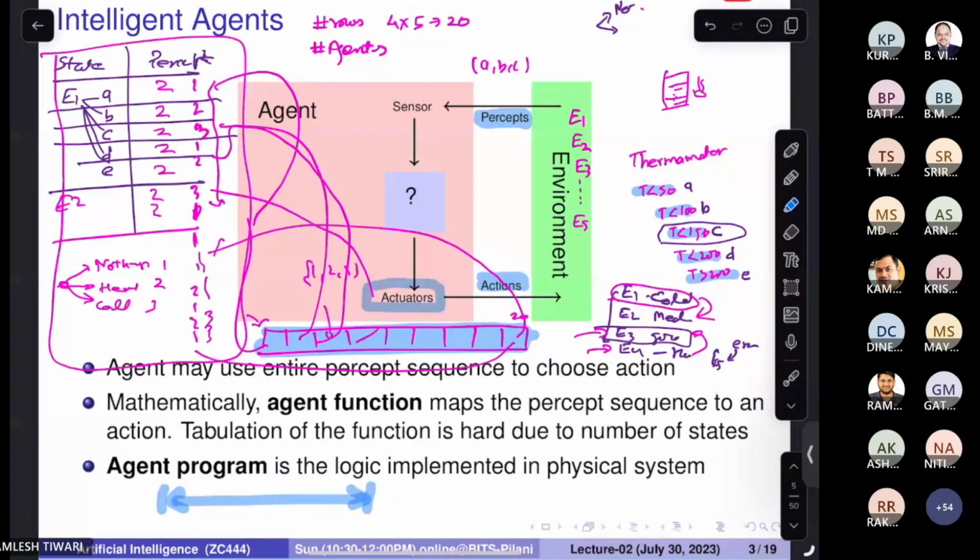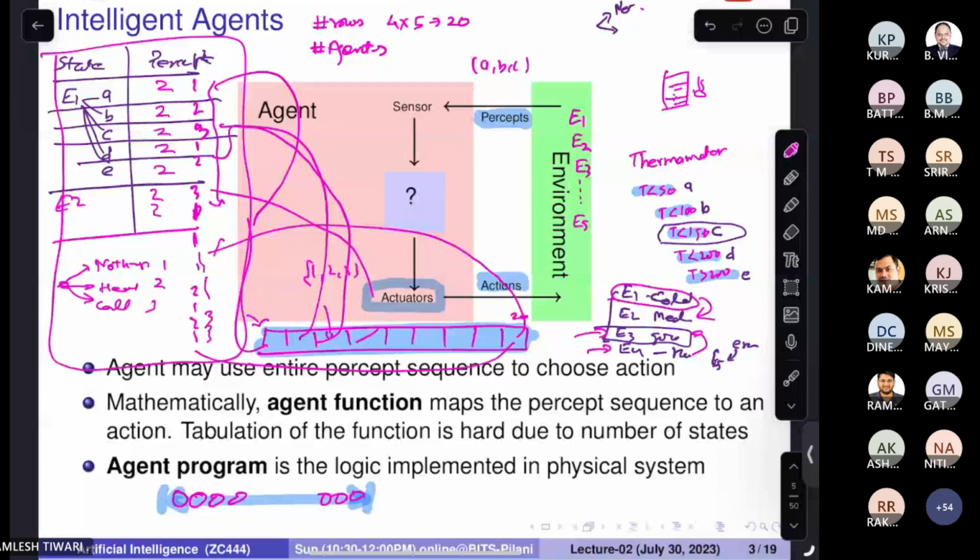So every 20-dimensional array can be represented as an agent. How many such agents are possible?